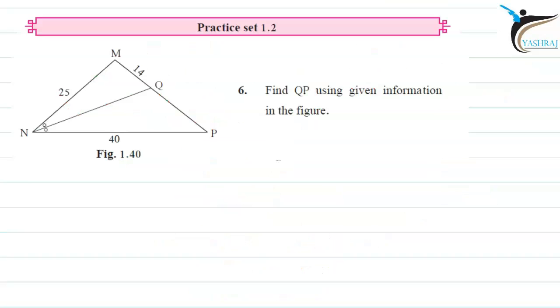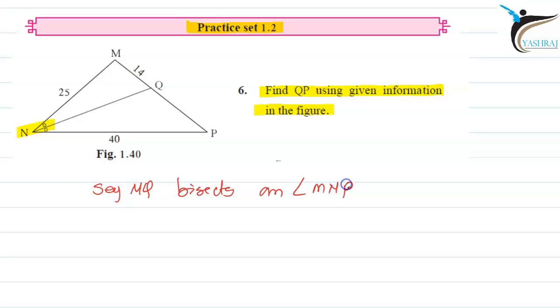Look at the next question, number 6 within practice set 1.2. Find QP using the given information in the figure. We are already given that NQ is the angle bisector of angle MNP. So I am writing at the start that segment NQ bisects angle MNP.